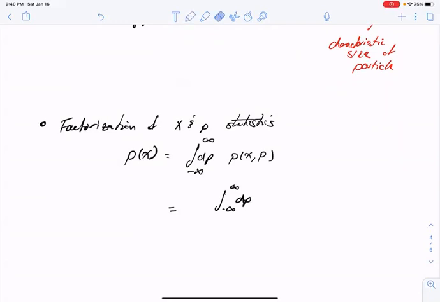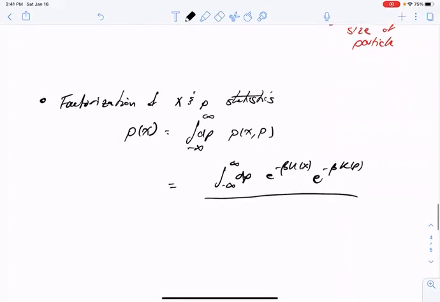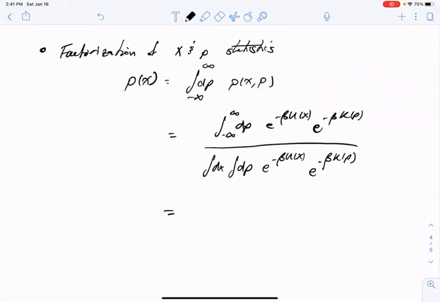We can express that joint probability as the Boltzmann factors for position and momentum divided by their respective partition functions, which we've just explicitly evaluated for momentum. Noting that all of the position dependence in the numerator is in that exponential, which can be pulled out from the top, again, this one can be passed through that integral there.